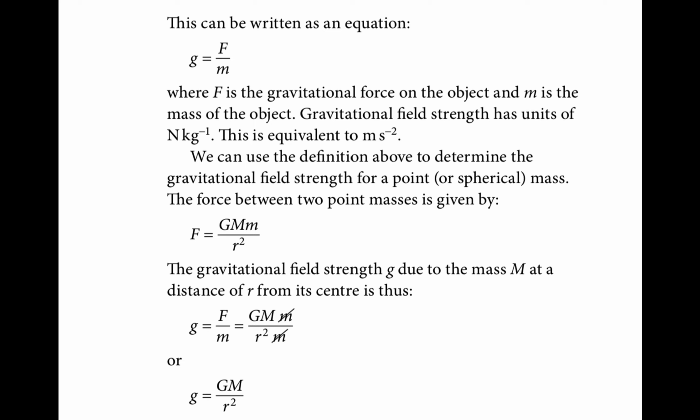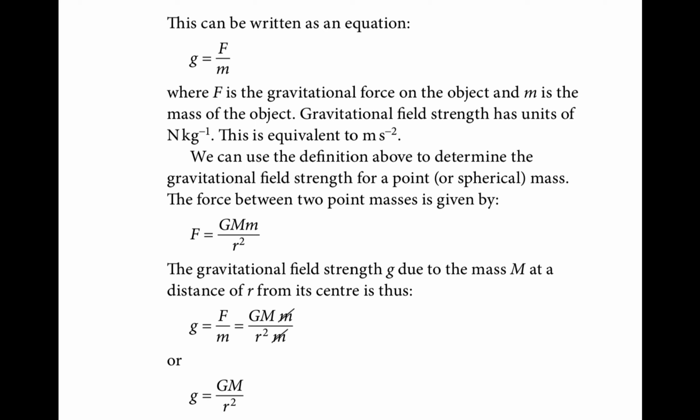Okay, so we know the gravitational force, as we saw before, is GMm over r squared. We derived this in our previous slide using proportionalities. Gravitational field strength g is due to the mass M at a distance r from the center of the object, right? That is g.